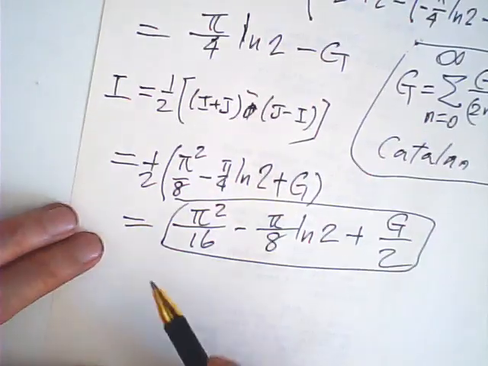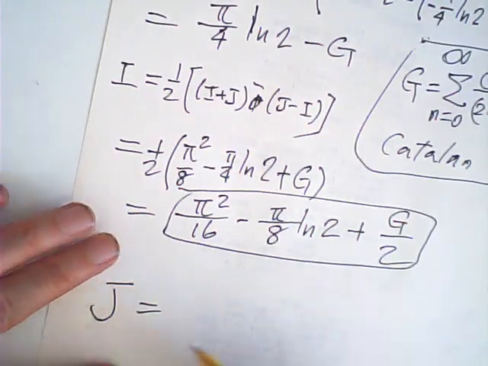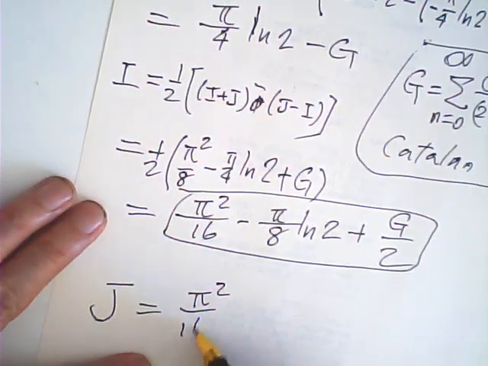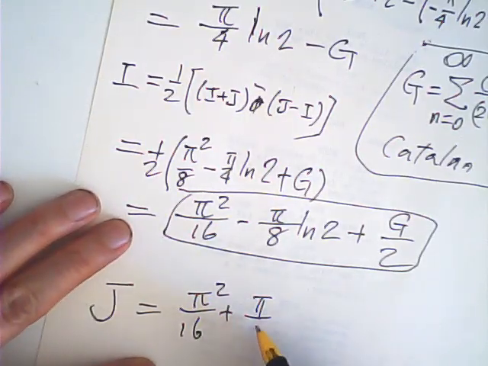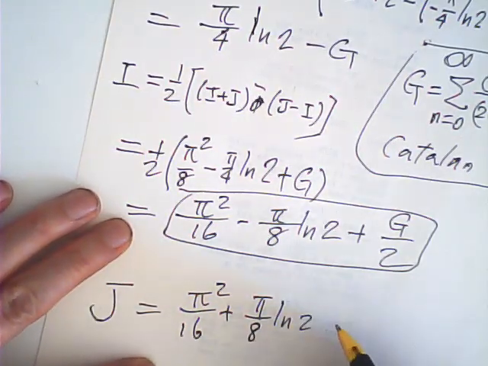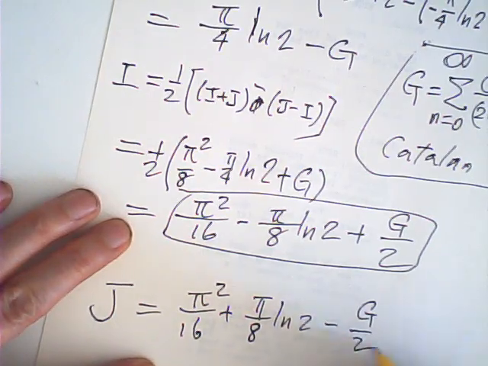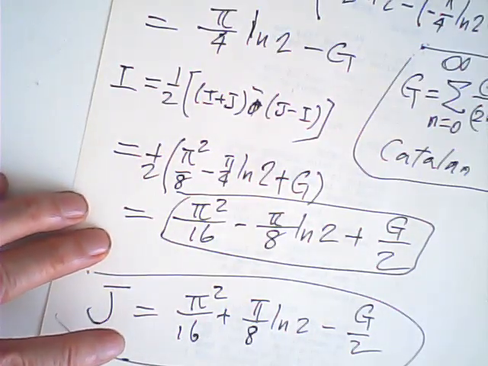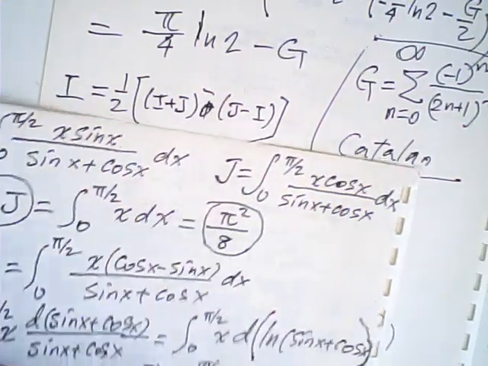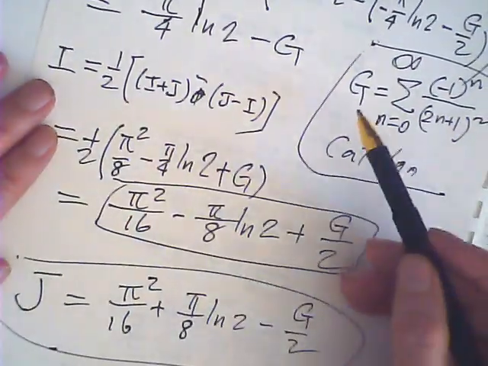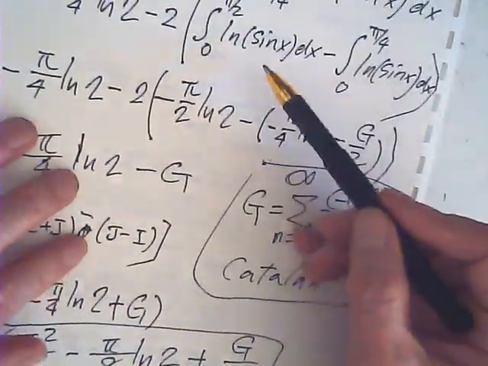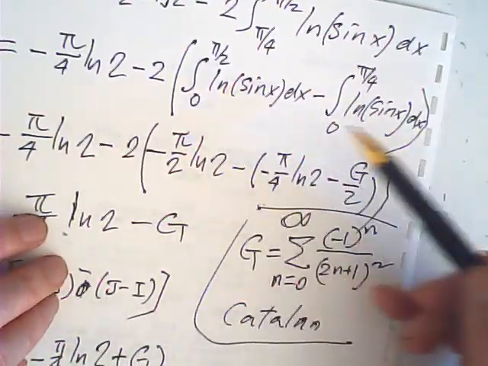And you can work out J, right? Well, I'll leave it for yourself. That is pi squared over 16 plus pi over 8 log 2 minus half G. Okay, that is for this integral. Okay, G is this Catalan's constant. And for these integrals, please go see my videos.